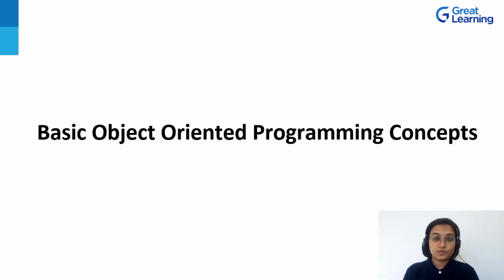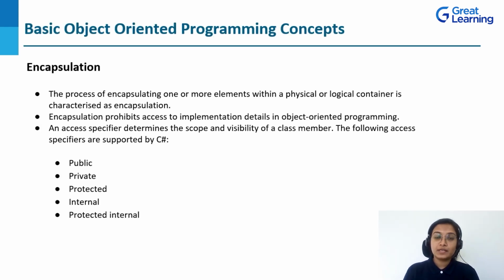So let's switch to the first topic, that is encapsulation. People who are listening to this particular word for the first time, do not worry. I'll tell you in simple words what encapsulation is and how it works. For example, another meaning for encapsulation is data hiding.